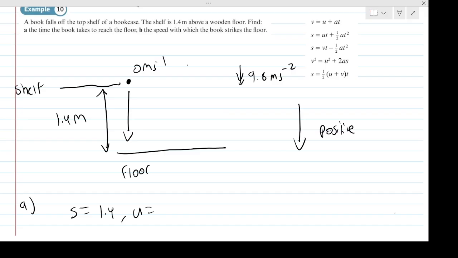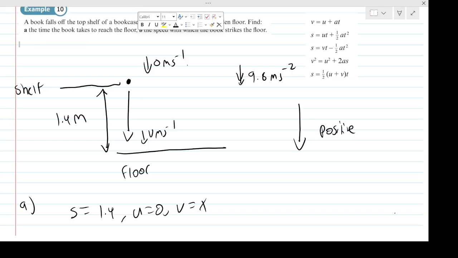So the initial velocity is downwards by 0. So that's 0. The final velocity, so the velocity when it hits the floor, if I call that v, well, actually, we don't care about that at the moment because we want the time. Then the acceleration, again, it's downwards by 9.8. Cool. And then t, the time, is what we want to work out.